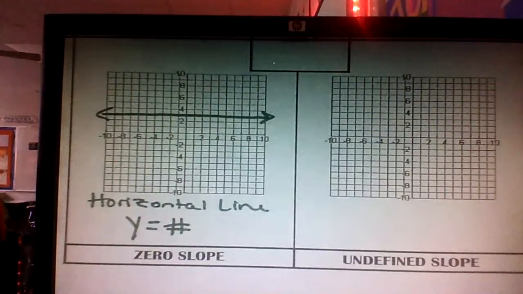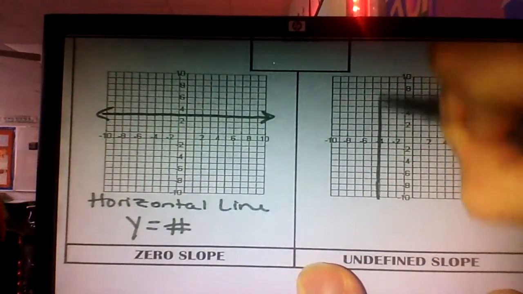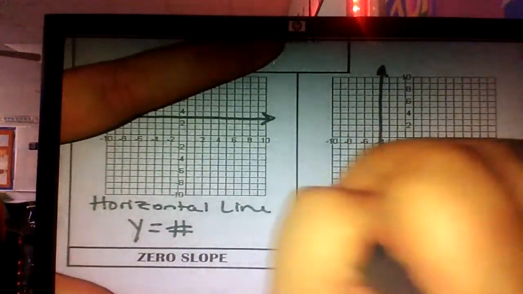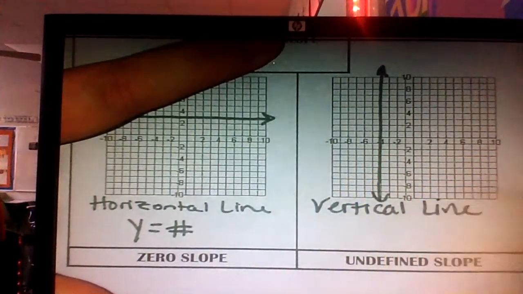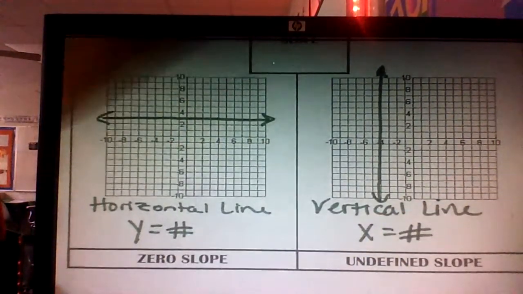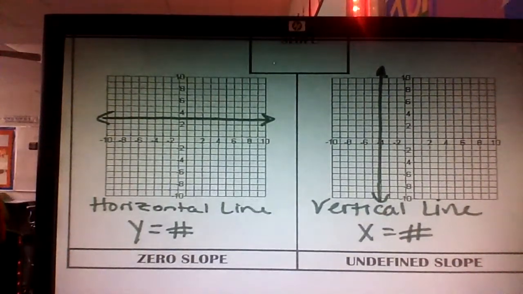Okay, so 0 slope goes horizontally, which means an undefined slope is going to go up and down. These are your vertical lines. So anytime you have something that says x equals some number, that is a vertical line, which means you have an undefined slope.